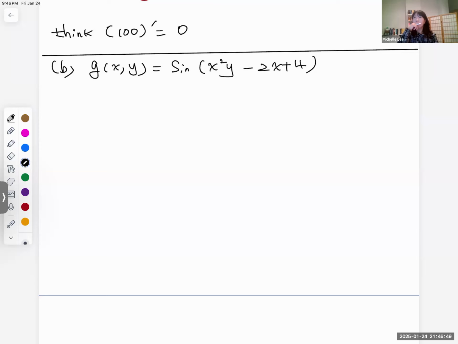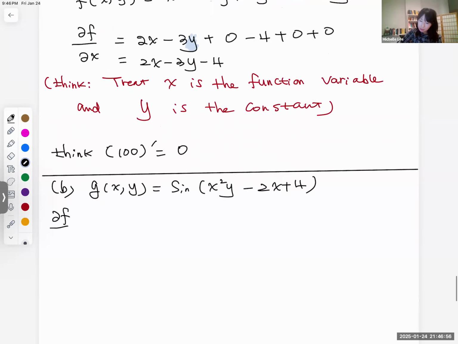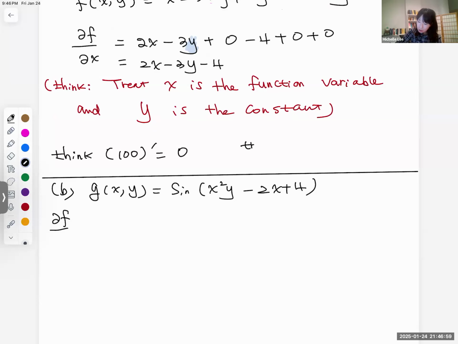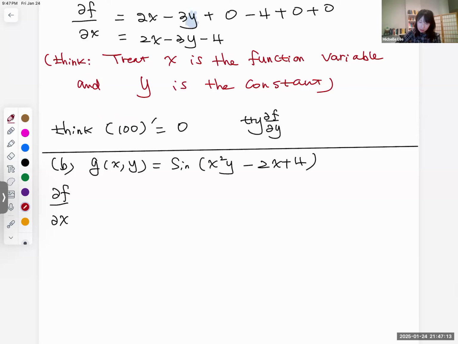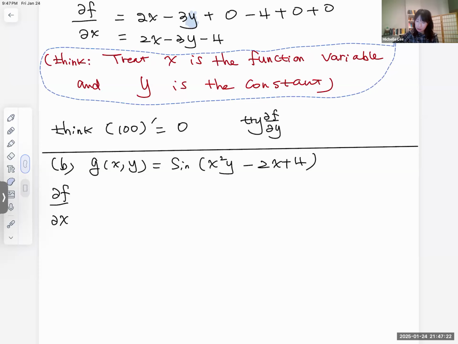Okay, maybe you can try the partial derivative with respect to y. Okay, so partial derivative with respect to x first. All right, then same thing. Treat x as the function variable and y as the constant.